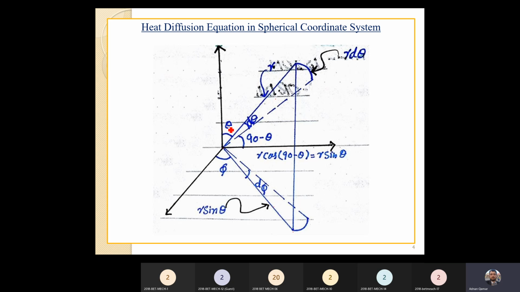This is making angle theta with the horizontal. This is the vertical surface. And this difference is 90 minus theta, and if you convert it, r cos of this is basically the base, r cos 90 minus theta, it would be r sine theta. Okay, so the distance would be r sine theta, and multiply by d theta, you will get the length of the distance from the center.